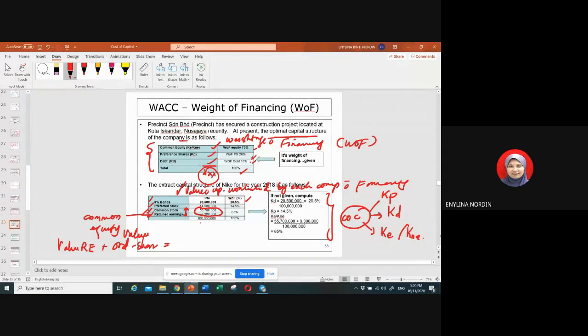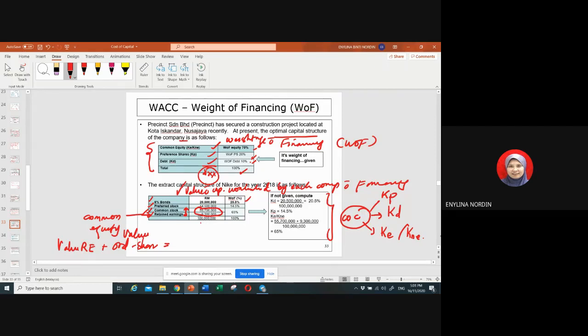KNE is calculated when the company issues additional shares. In other words, when the company relies on external financing from the issuance of ordinary shares, then the company needs to calculate KNE.